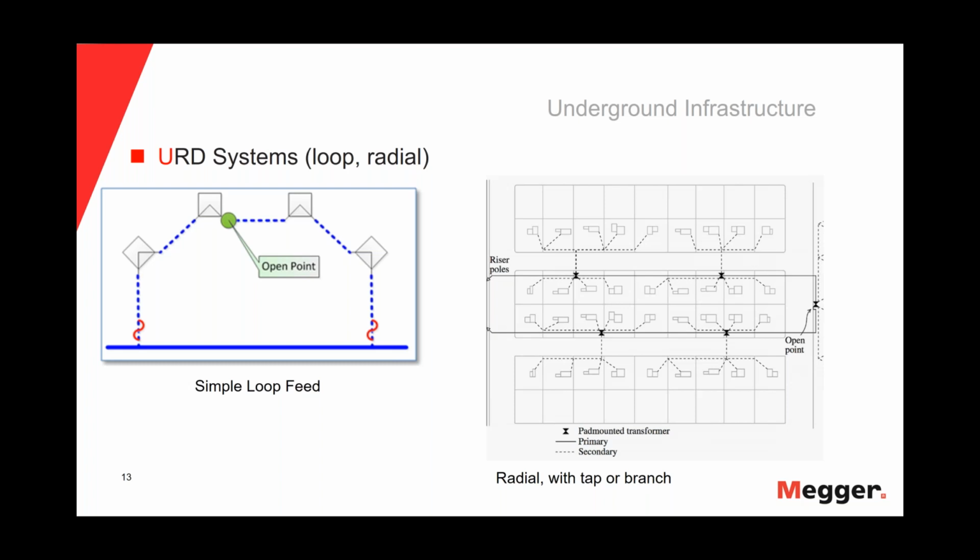However, URD systems can get somewhat complex. Over on the right-hand side, we show more of a radial design with a tap or branch configuration. So while URD systems are in general simpler, they can have some complexity to them also.